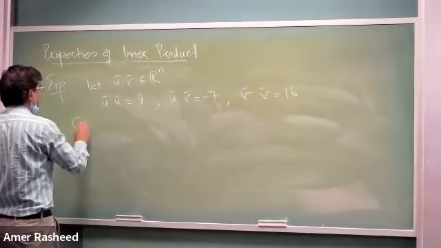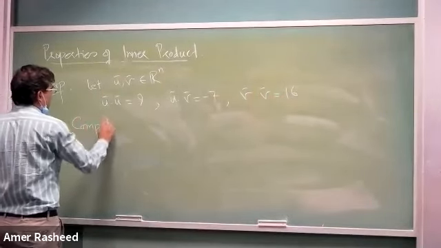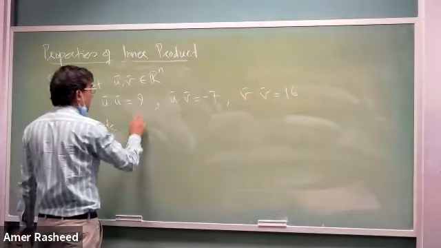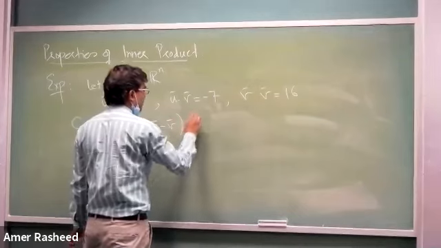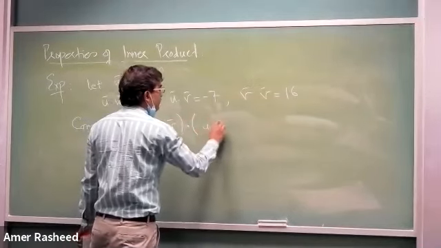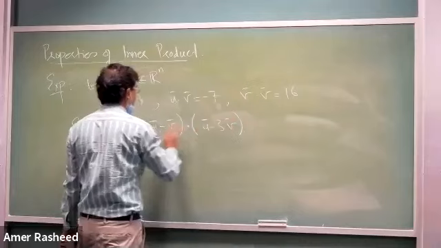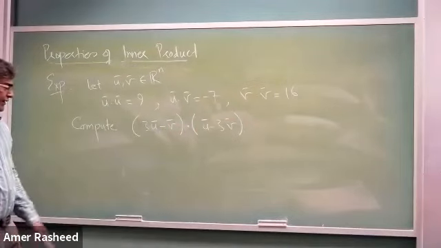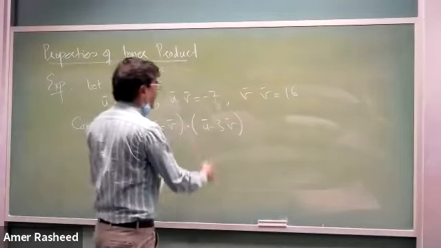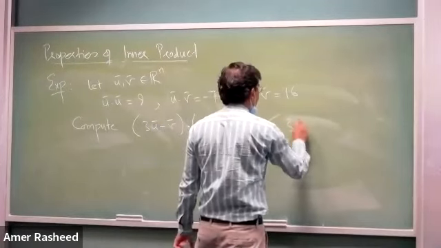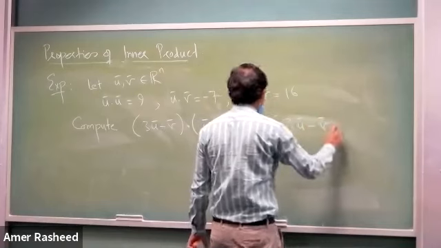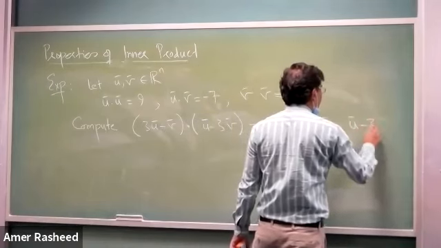And we are asked to compute 3u minus v dot u minus 3v. So this is what you have to calculate. It is written in the dot product notation, which is equivalent to computing the inner product of 3u minus v, comma u minus 3v.